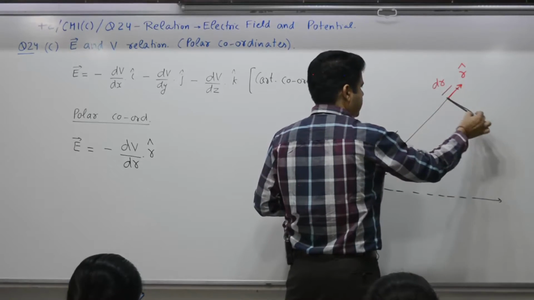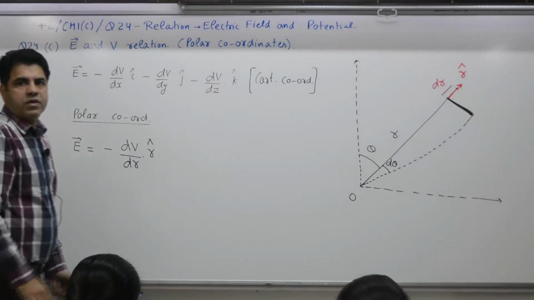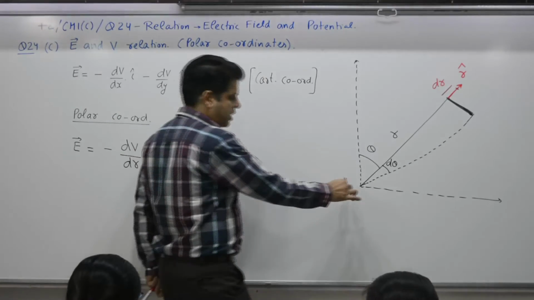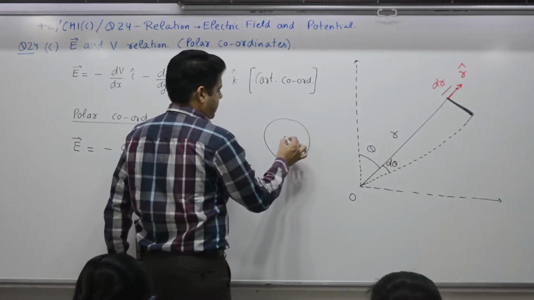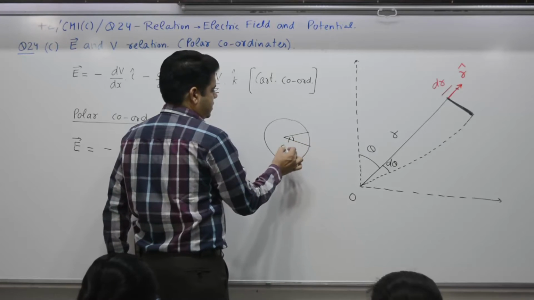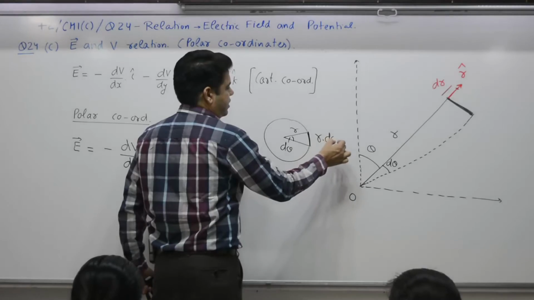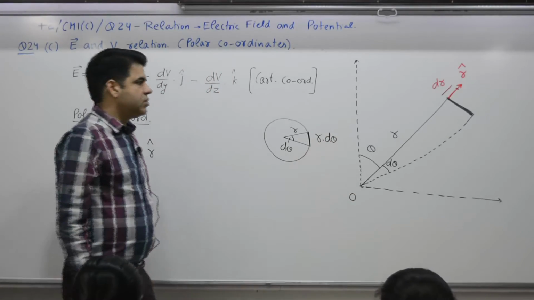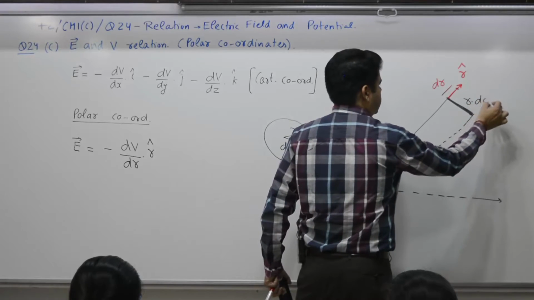What about this magnitude? This distance is r, a circle. This is d theta, this is r. So this distance is r d theta.